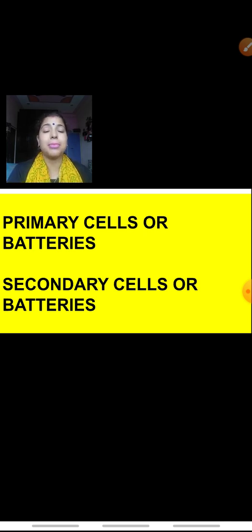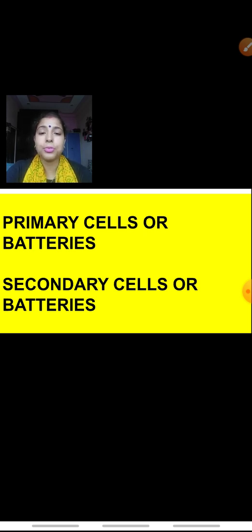So primary batteries cannot be recharged. Once they are used, they are dead. Whereas secondary batteries can be recharged. After use, they can be recharged again by using an external source of electricity, and after that they again work as an electrochemical cell.